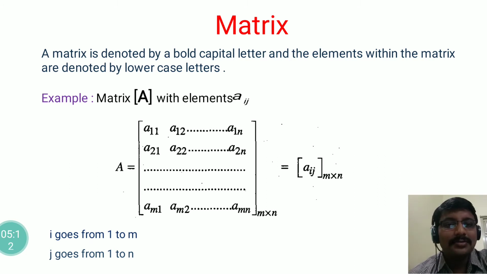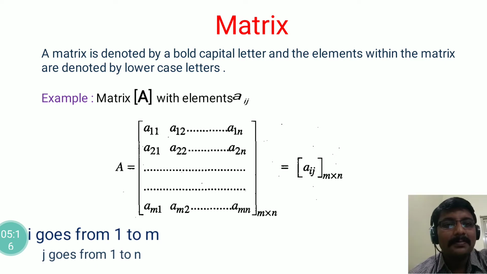Here i goes from 1 to m and j goes from 1 to n. So i denotes the row, j denotes the column. aij denotes the ith row, jth column element. Here the elements may be numbers or constants. Arbitrary constants can also be taken.